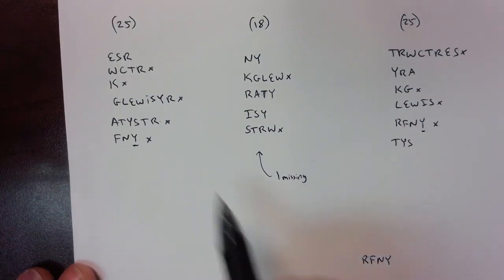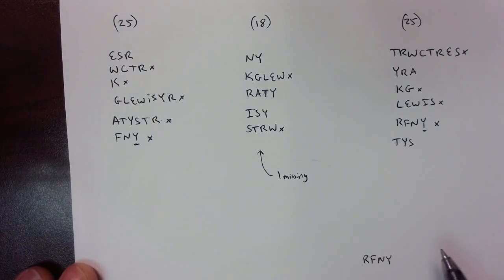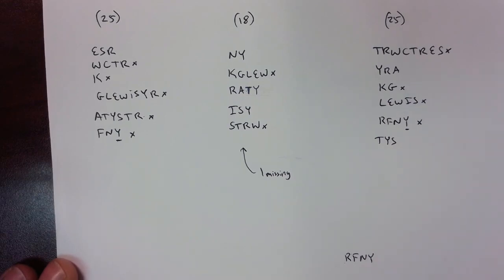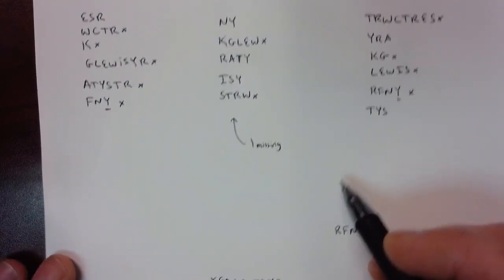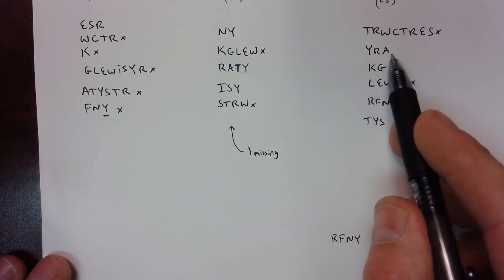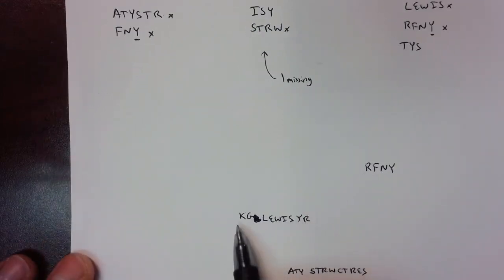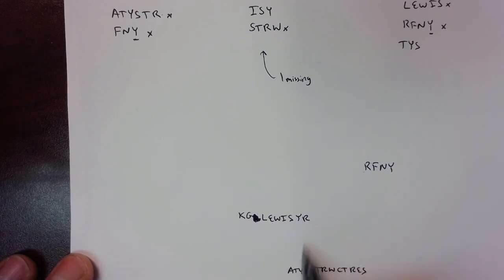Alright, so that only leaves one little short sequence, ESR. Have I used the YRA? Oh, wait. Maybe. I've got this sequence here, YRA. I've got a YR down here. Remember, I think this is the beginning, and I think this is the end, so this must be the middle. YRA.